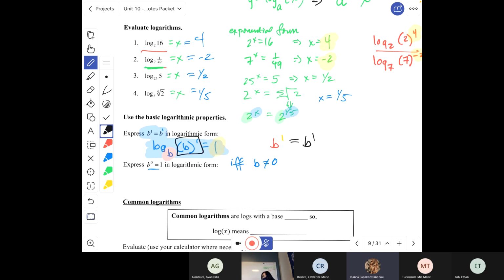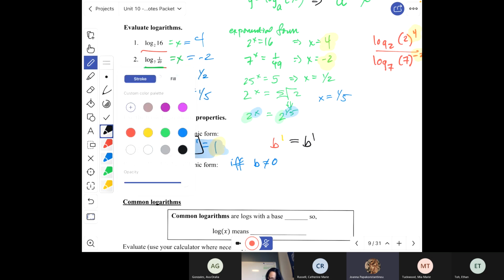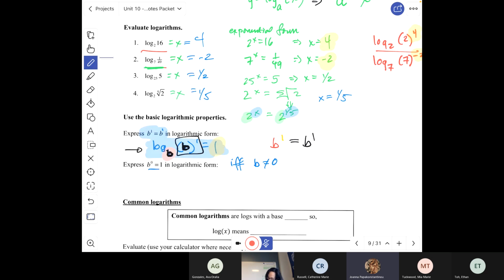Isn't that true? So if you know that relationship, we have this wonderful little property that states if the base of the logarithm equals the base of the argument, your output is just the exponent.